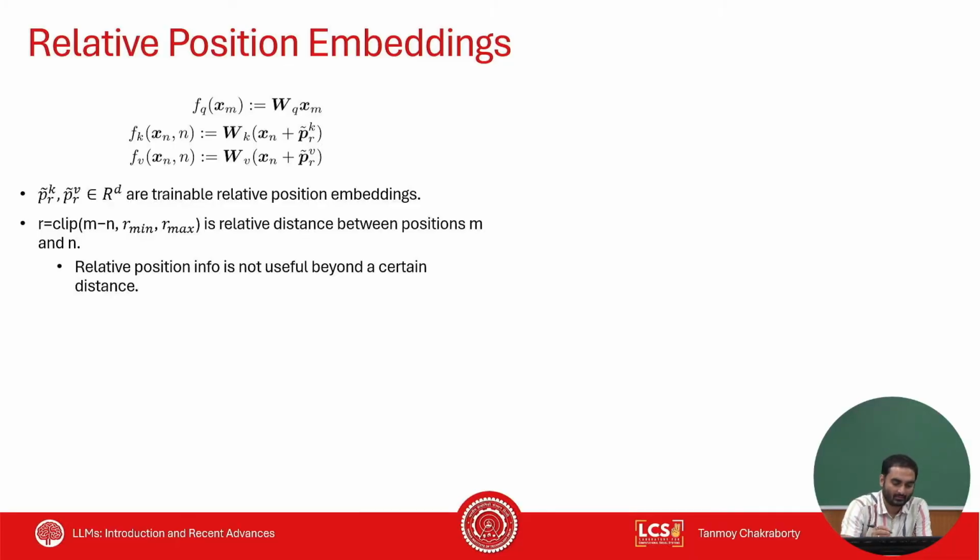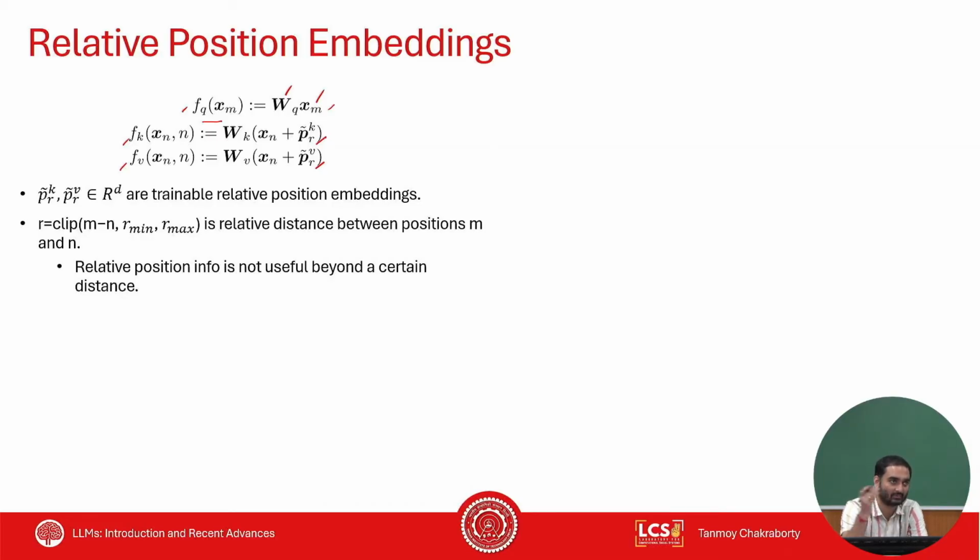In this paper, in this specific case, you see that the query, key, and value vectors are generated, but the query vector has nothing to do with the position. This is just a multiplication of the parameter and the word embedding x_m. Whereas for keys and values, they use two positional embeddings.